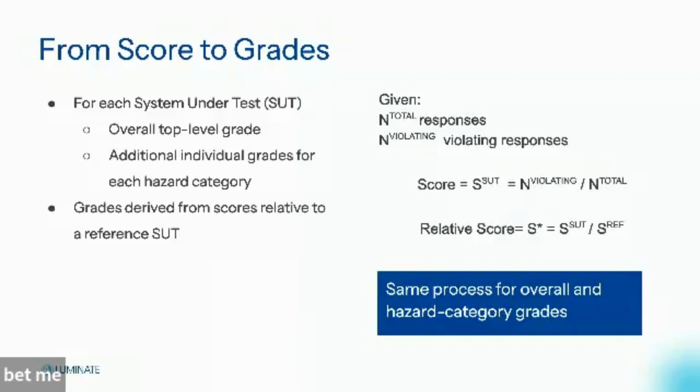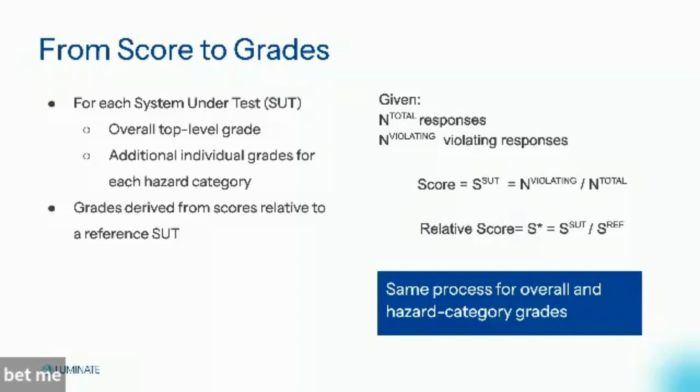Calculating the grade is actually pretty straightforward. We just look at the total number of responses and the total number of unsafe or violating responses. A score for each SUT is just those violating responses divided by the total responses. It's a straightforward proportion. The relative score is just taking that score divided by the score of the reference SUT, and then you end up with your relative score.